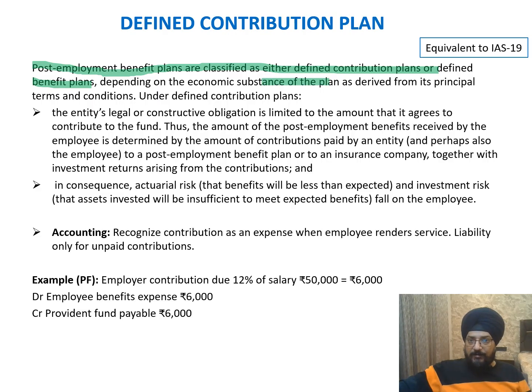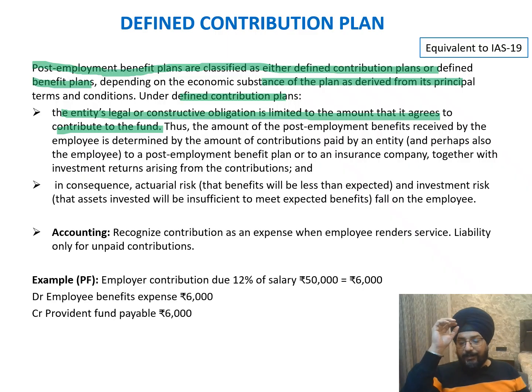Depending upon the economic substance of the plan as derived from its principal terms and conditions, under the definition, defined contribution plans are those where the entity's legal or constructive obligation is limited to the amount that it agrees to contribute to a fund. So in a typical scenario, when we are talking about the provident fund, the obligation of the organization is to contribute an amount equal to 10% or 12% of the basic salary.